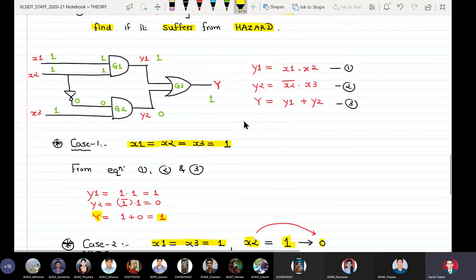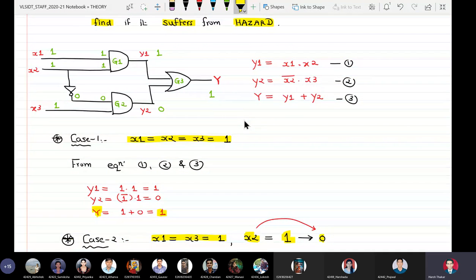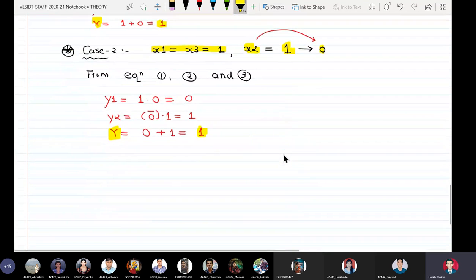But here we have made an assumption. What is the assumption? The assumption is that when x2 changes from 1 to 0, the NOT gate instantaneously complements it.